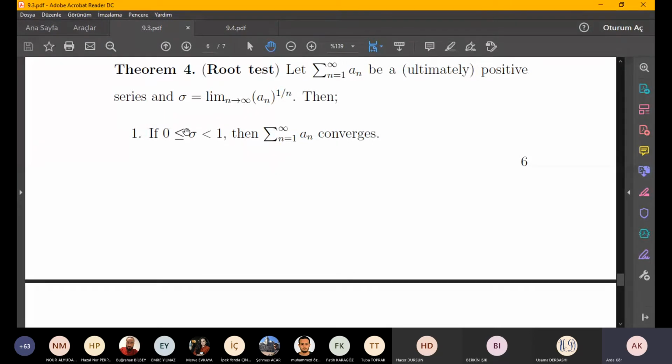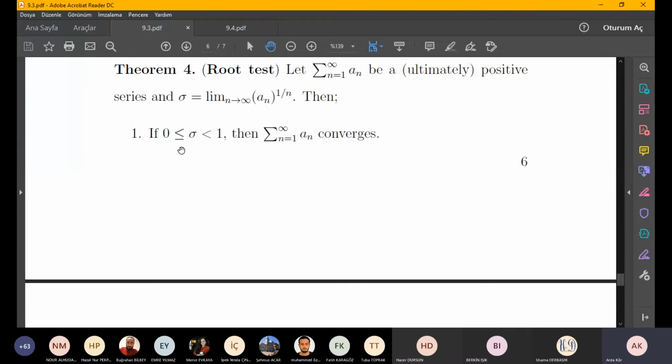They have exactly the same hypotheses as we have seen for the ratio test, but the limit value that you take is different. Here you take the nth root of the general term a_n of your series, but the cases are the same.